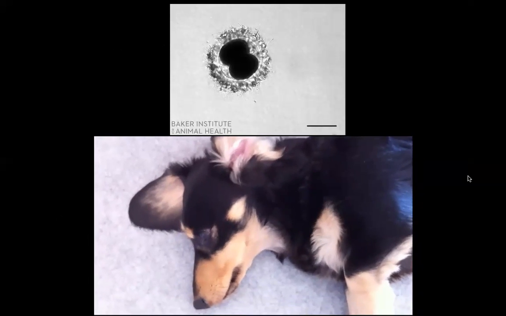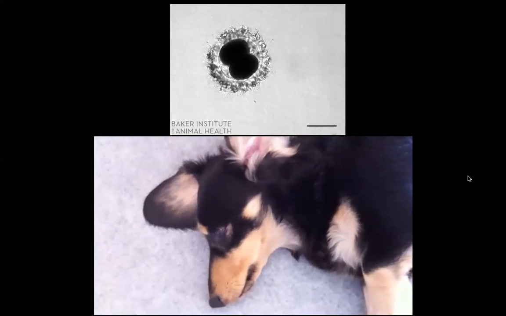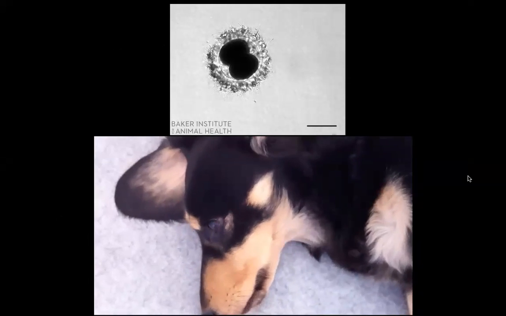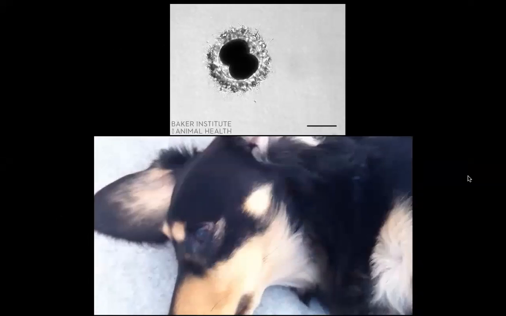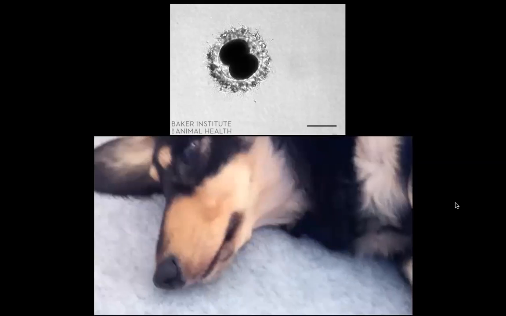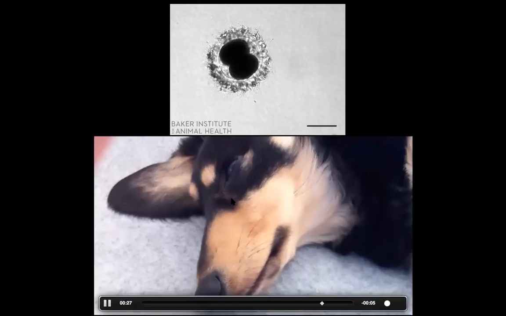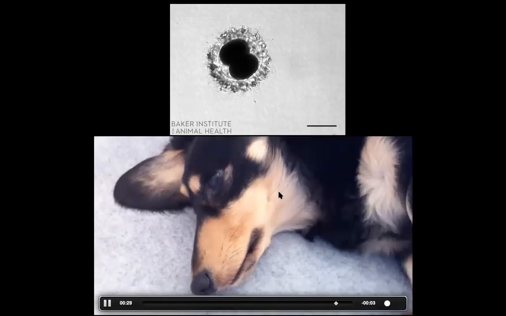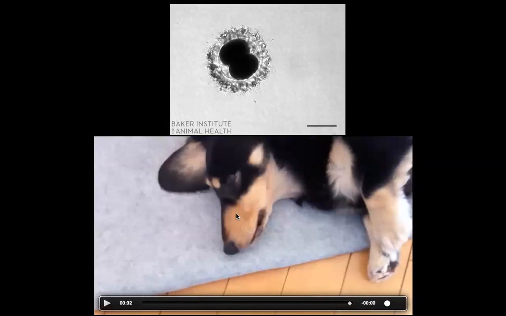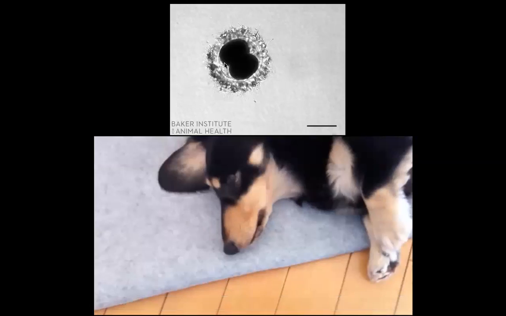So with this, you see probably the first issue that we're going to talk about. This dog, my dog, contains many cells. The zygote here has only one cell, and it has divided once.